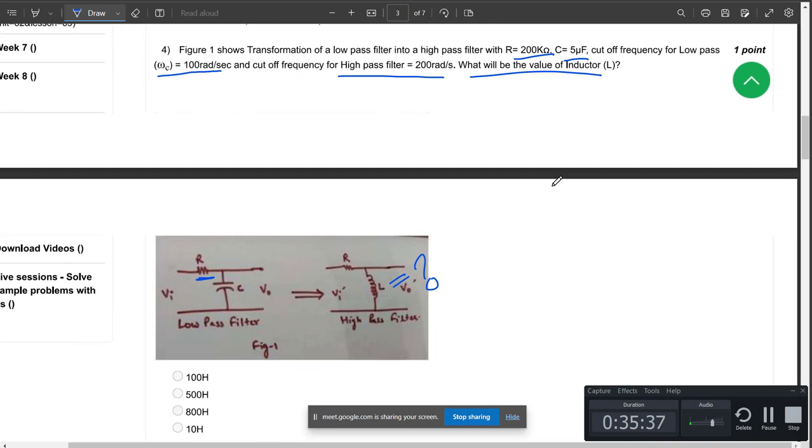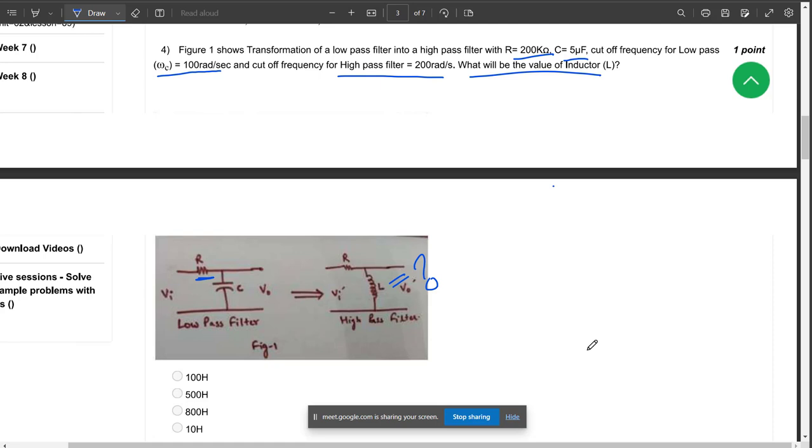All options are visible to you, right? Yes, ma'am, visible. Okay.